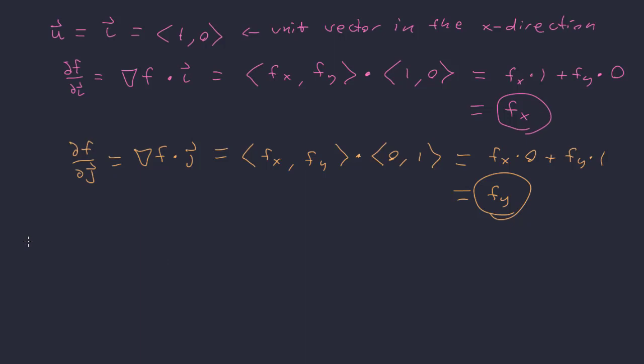So for example, let's think about the unit vector 1/2 comma square root of 3 over 2.